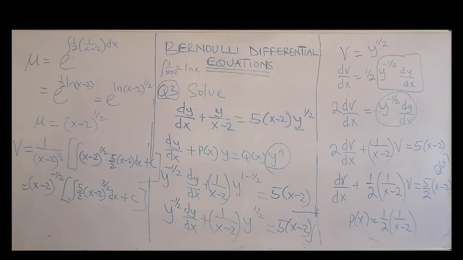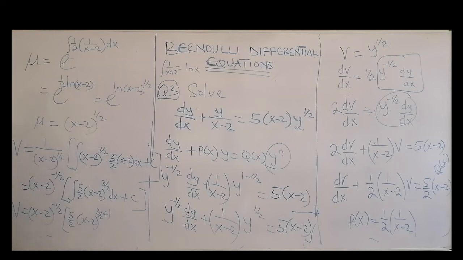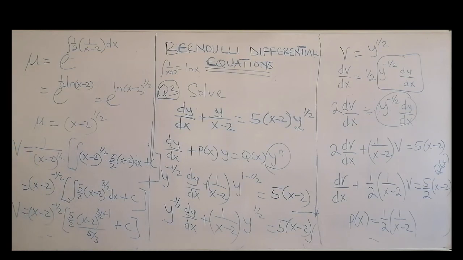Then we can do the integration, and v will be equal to x minus 2 to the power minus half. And this will be equal to what? 5 over 2 is just a constant, and this will be equal to x minus 2 to the power 3 over 2 plus 1, which is 5 over 2, over 5 over 2, then plus c.